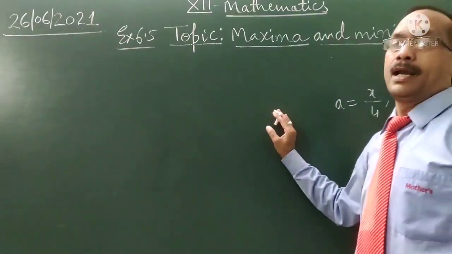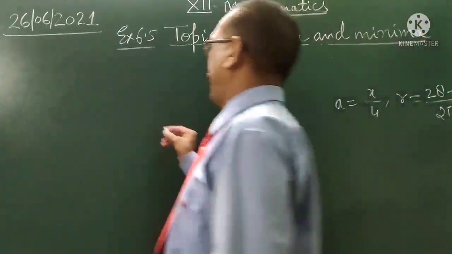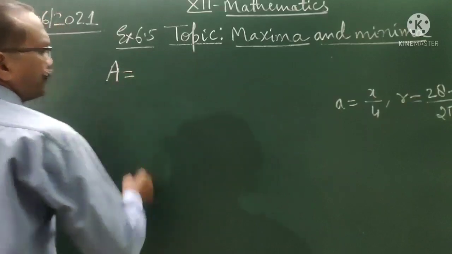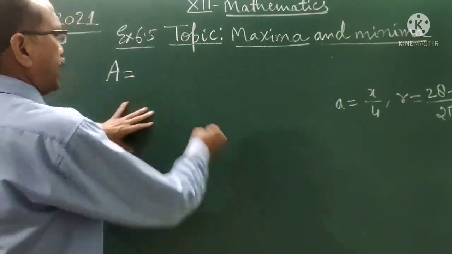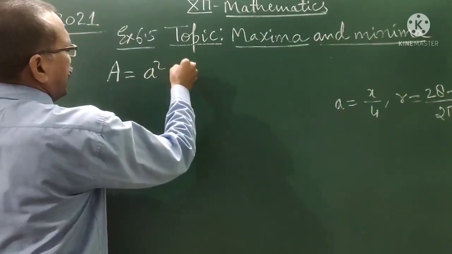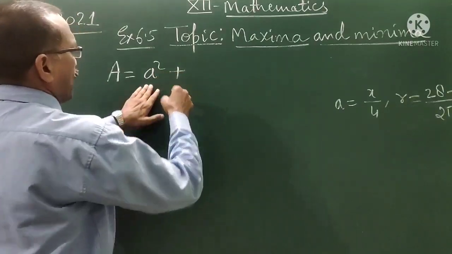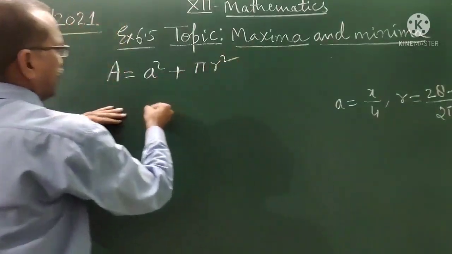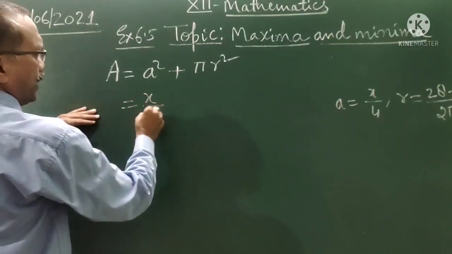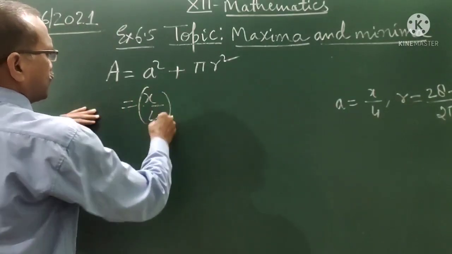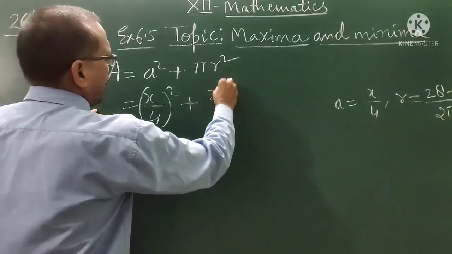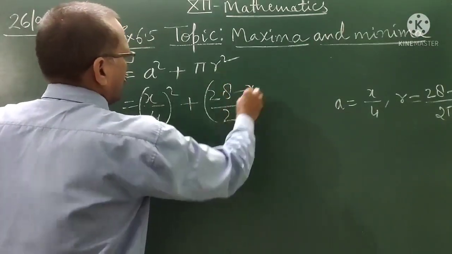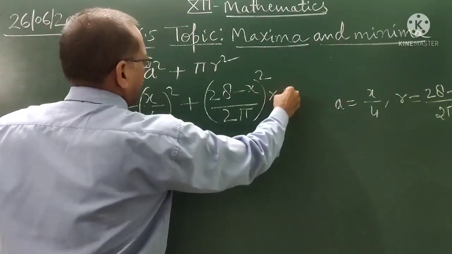Let the combined area be A. So A equals the area of the square, a square, plus the area of the circle, pi r square. Therefore, it is x upon 4 whole square plus 28 minus x upon 2 pi whole square into pi.